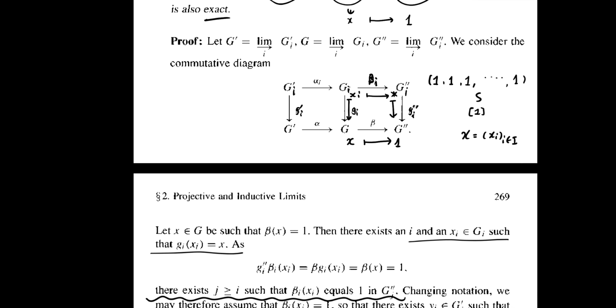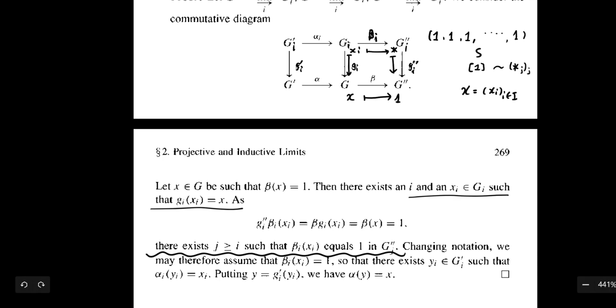So any element that is equivalent to 1, finally it must be mapped to 1 for some bigger index to Gk. That's what it's saying. Changing notation, we may therefore assume that beta I xi equals 1.